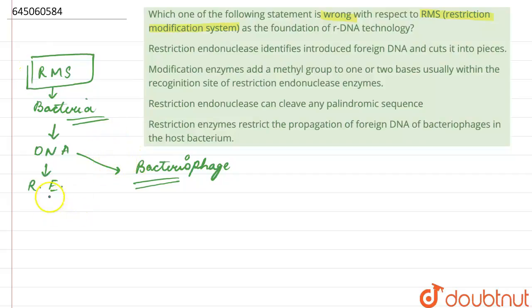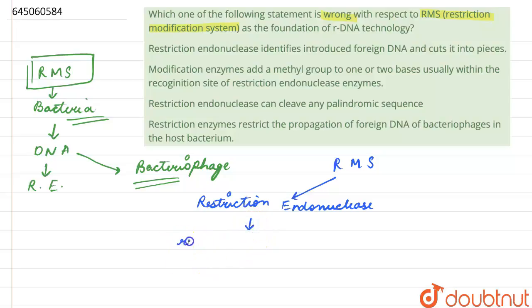Now this restriction modification system consists of two main enzymes. The first is called the restriction endonuclease. What this restriction endonuclease does is that it recognizes specific sequences on the DNA strand of the bacteria as well as the foreign DNA, and then cuts it at those sites.